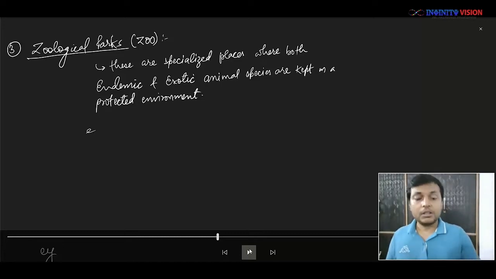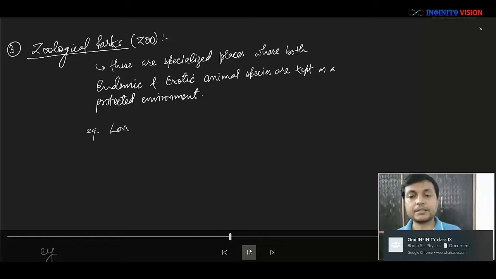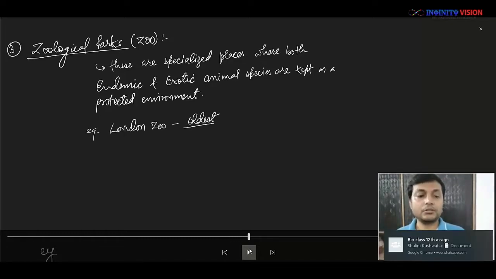Now, again, an example is important. However, in NCERT there has been no example as such, but we are going to look at one example which I find important, that is the oldest zoo, and that is London Zoo.